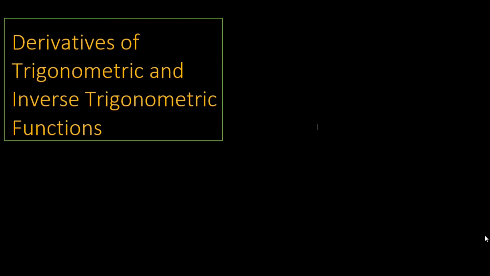So, derivatives of trigonometric and inverse trigonometric functions. Here I will not take any kind of example. I am just reviewing some concepts. If I take y is equal to sin x, then you know that the derivative dy by dx of sine, this trigonometric function, is cos x.